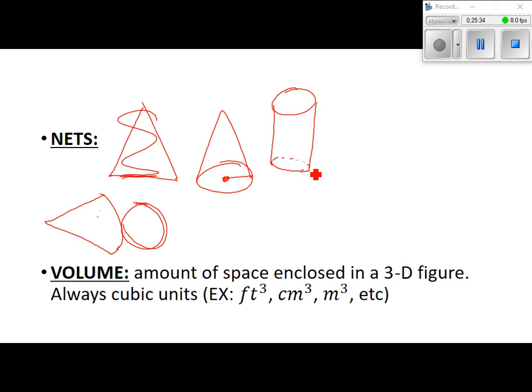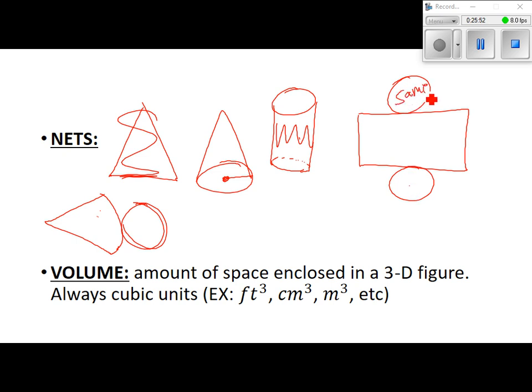If you have a cylinder, the net of a cylinder might look something like this. This part in here, if we laid it out flat, would be a rectangle, and then it's got two circles, and the two circles are the same. So you find the area of one of the circles, and the other one would be the same. Again, maybe a cube.